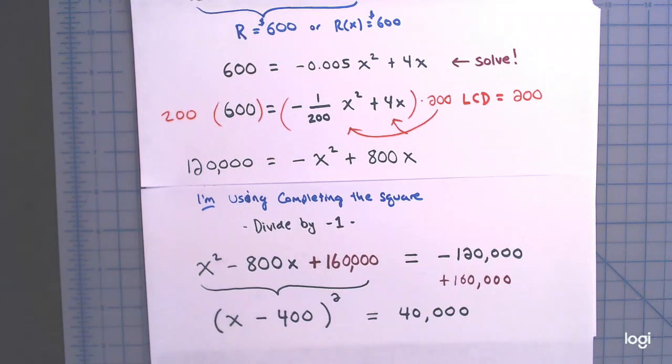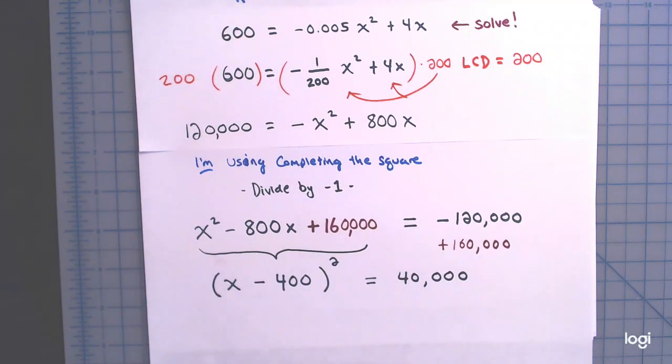And then I can use what's called the square root property. If you recall, look up a previous video on solving a quadratic equation by completing the square, or solving by the square root property.